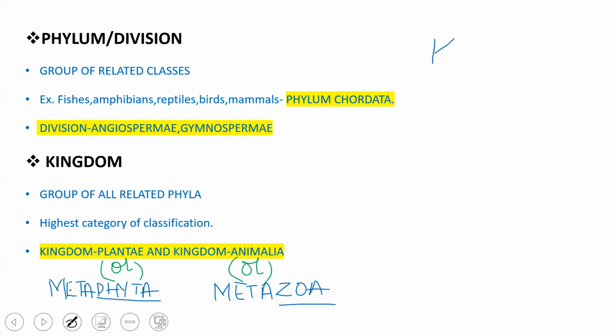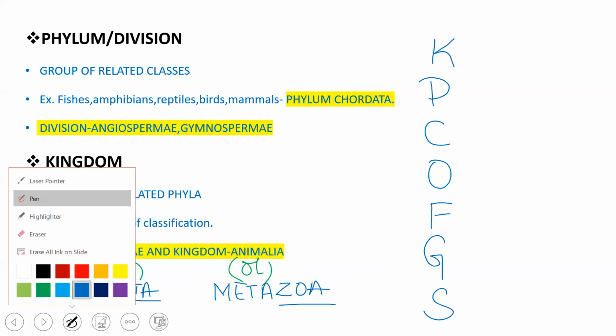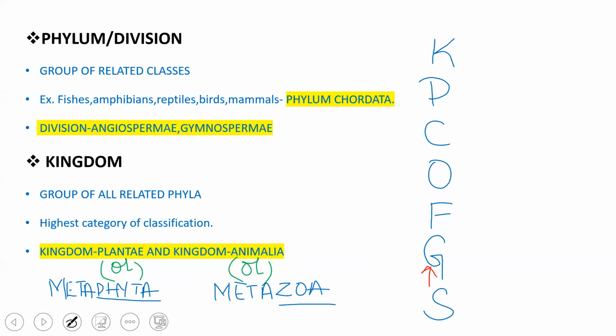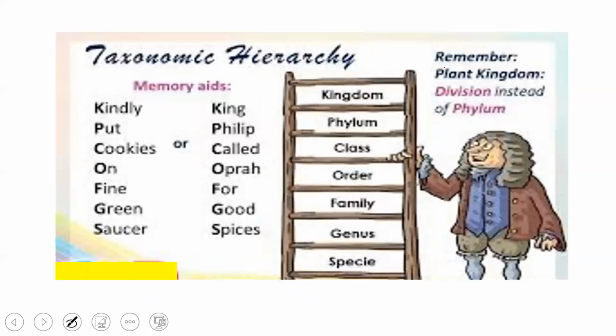You have to remember them with the formula KPC of GS, which can be represented through arrow marks from the lowest to the highest. I hope it is clear.